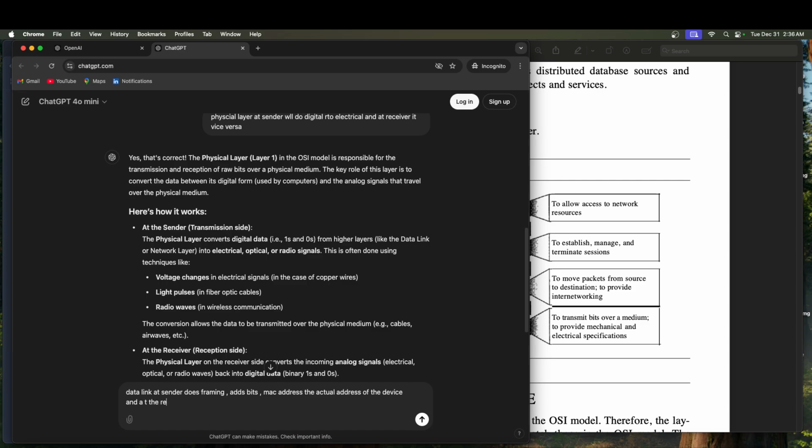The receiver looks for the error correction bits and verifies whether the received data is corrupted or not.